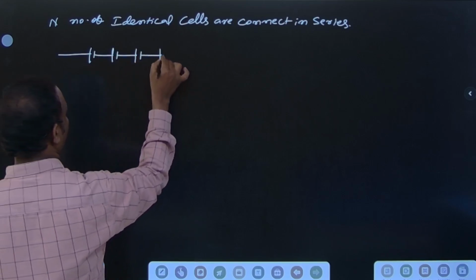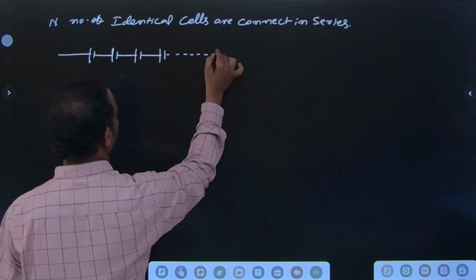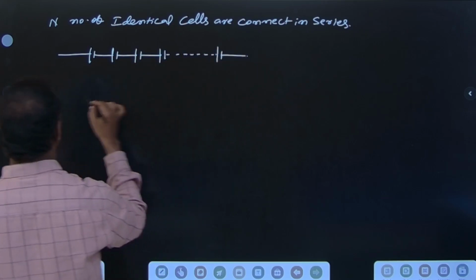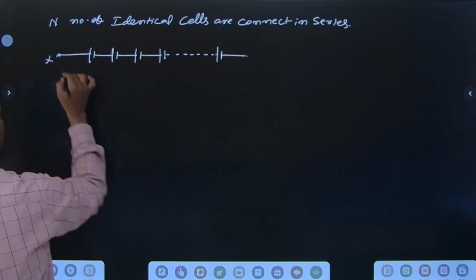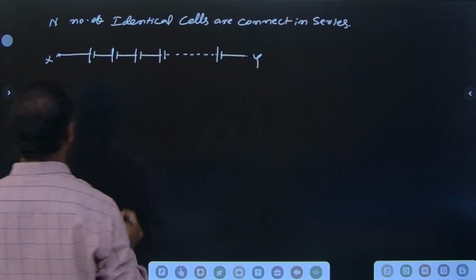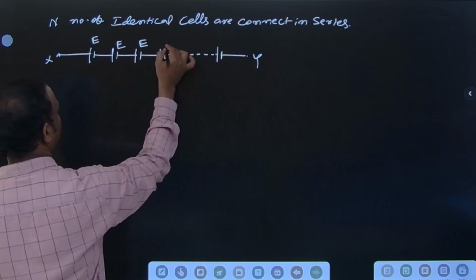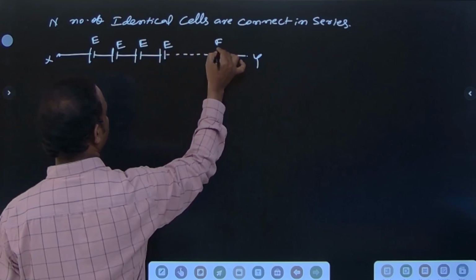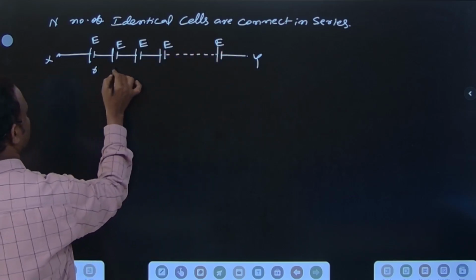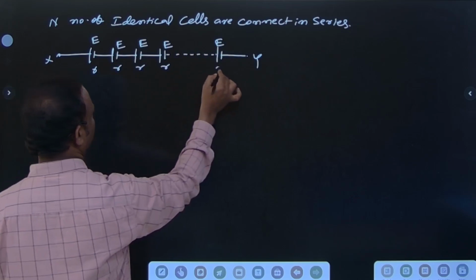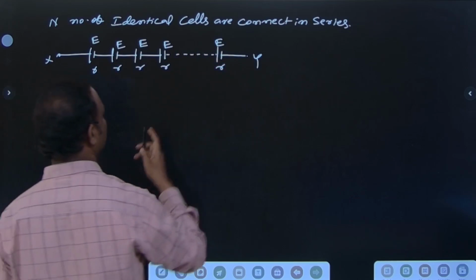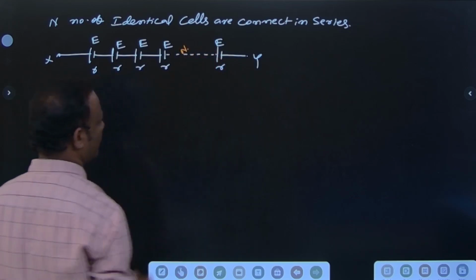So this is n number of identical cells, X and Y. Its EMF is E, everything is E, and internal resistance is R, everything is R, n times.